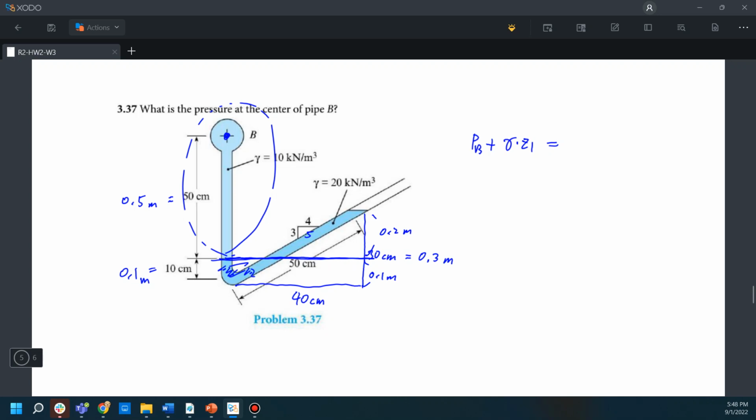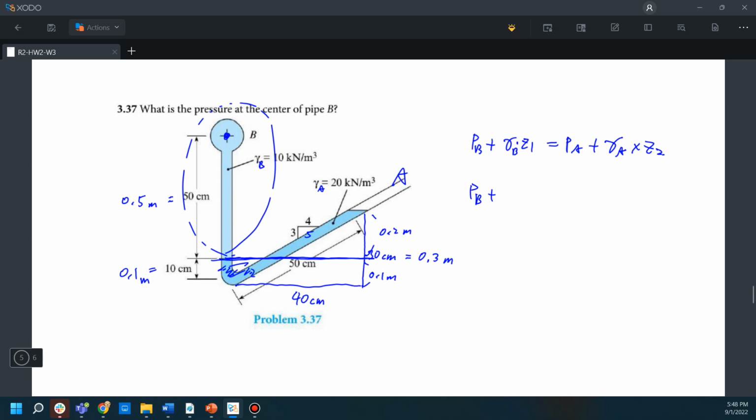Okay, we'll equal to PA, that's denoted here as A, plus gamma A, it's gamma A, gamma B, times Z2. Okay, so PB is what we want to solve.